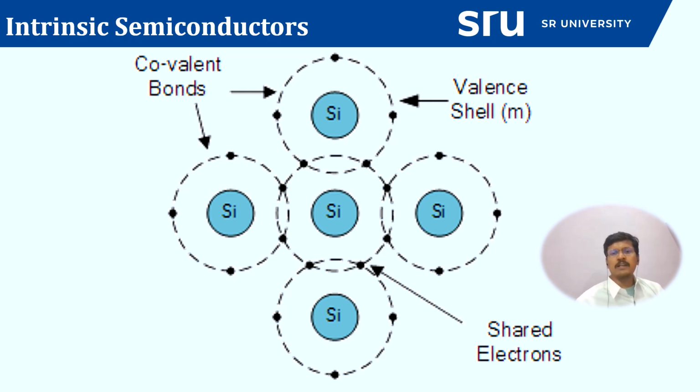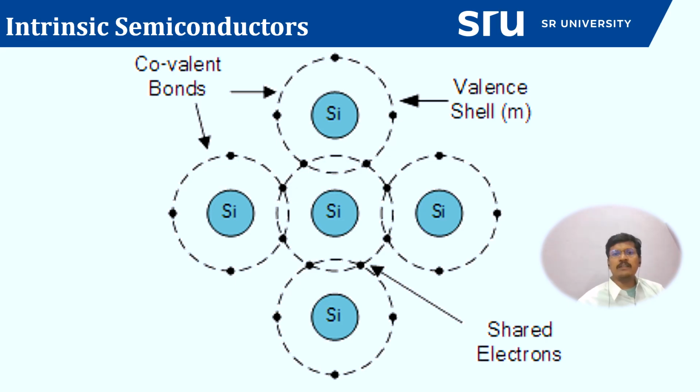One is the electron that is released from the bonding, and where the electron leaves, a vacant position is created. That vacant position is nothing but a hole. So one free electron and one hole are created simultaneously when the bond breaks.